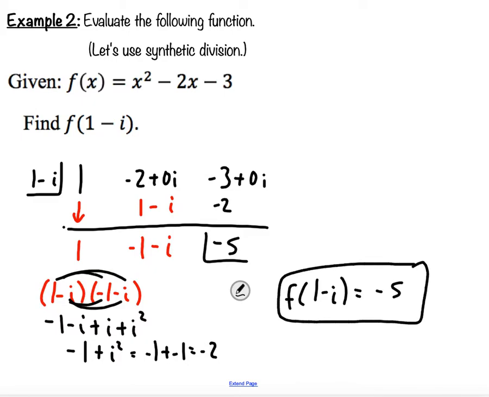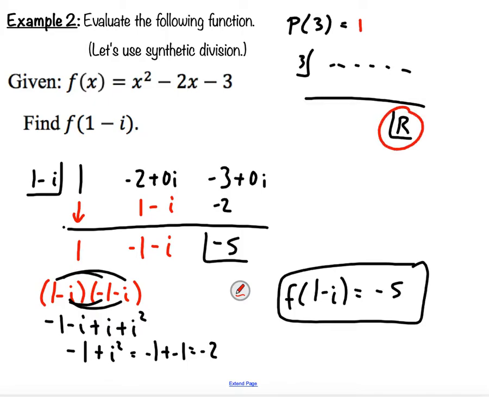Whatever you're plugging in there, let's say you're plugging in P of 3, you'll get some kind of answer. The remainder theorem says that you could plug that into the box, have whatever kind of polynomial you want, do your math, and whatever your remainder is, that is your answer.